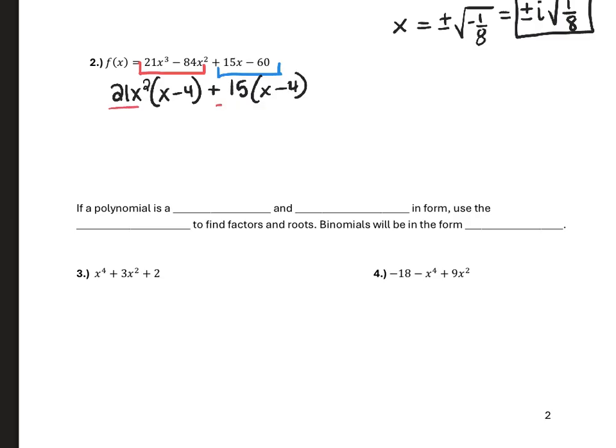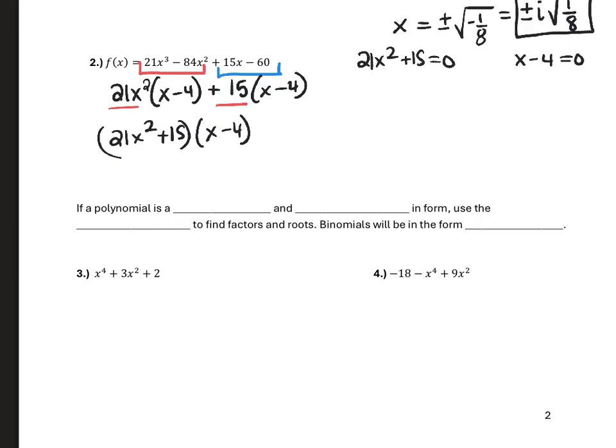So then my first set is going to be 21x squared plus 15. And then my other factor will be x minus 4. So then I set each of these equal to 0. 21x squared plus 15 equals 0. And x minus 4 equals 0. And that's going to be my roots.